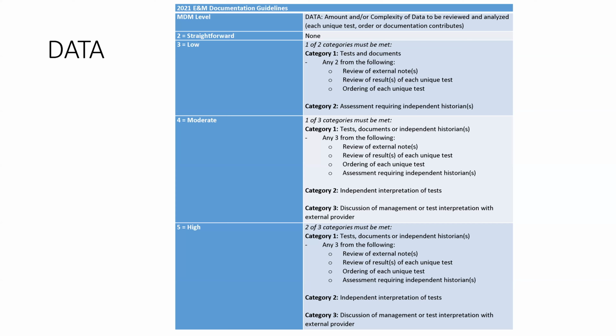Category 1 being 3 of those: external notes, results, order a test, or talk to an independent historian. Category 2 is independent interpretation of tests. Category 3 is discussion of management or test interpretation with an external provider, which means anybody that is not your same specialty in your same practice.